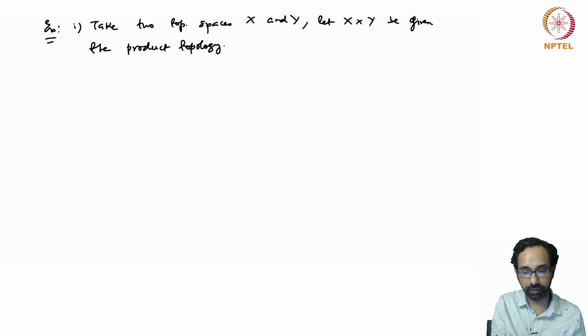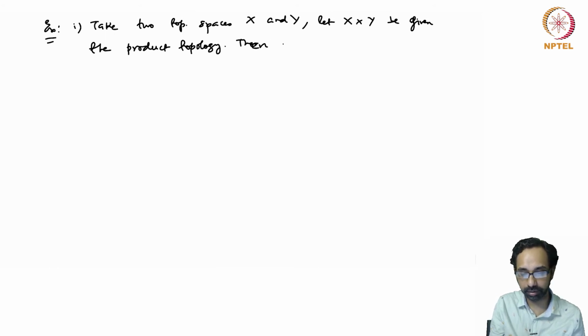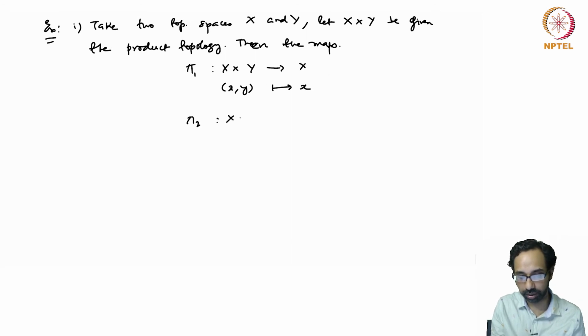It does not matter whether you give it the box topology or the product topology, because we have proved that they are the same. Now the coordinate projection maps pi1, which is the coordinate projection onto the first coordinate, and pi2, which is the coordinate projection onto the second coordinate, are open maps.